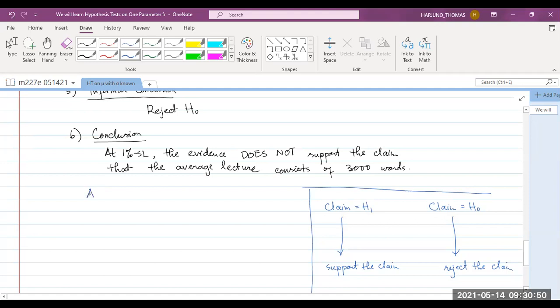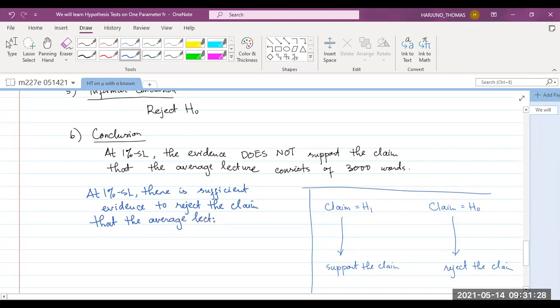The wording will be better said this way: there is sufficient evidence to reject the claim that the average lecture consists of 3,000 words.